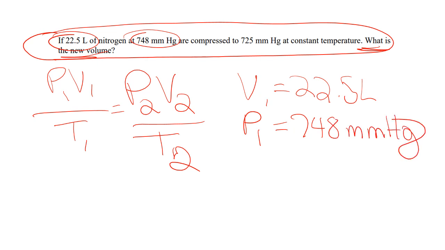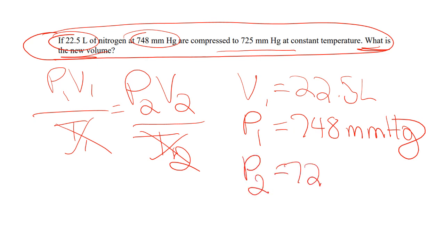mmHg is compressed to, so here it doesn't mention temperature, so we can get rid of temperature. It's compressed to 725 mmHg. So P2 means pressure final, 725 mmHg at a constant temperature.